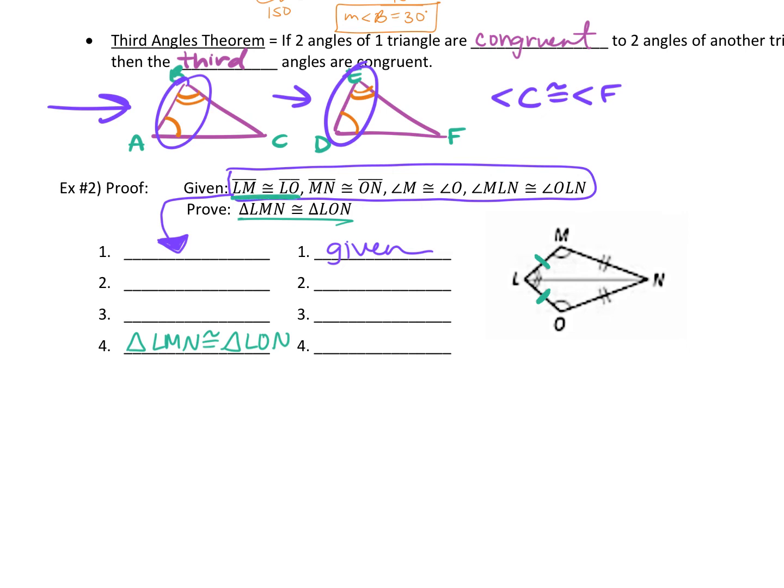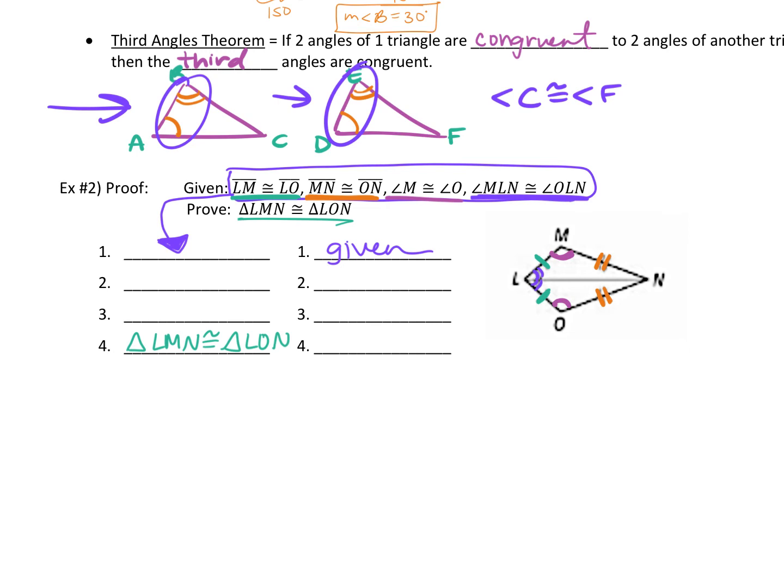So LM is congruent to LO. Okay, they also tell us MN is congruent to ON. Okay, then they tell us M is congruent to O. And they tell us that MLN is congruent to OLN.